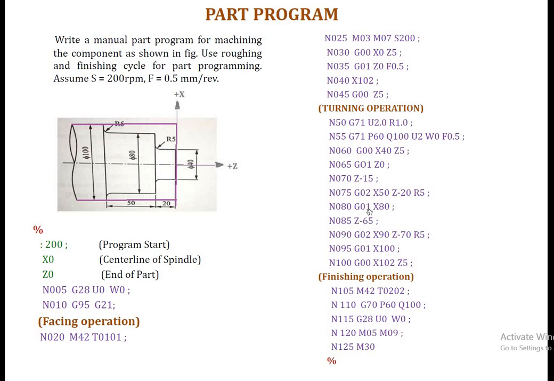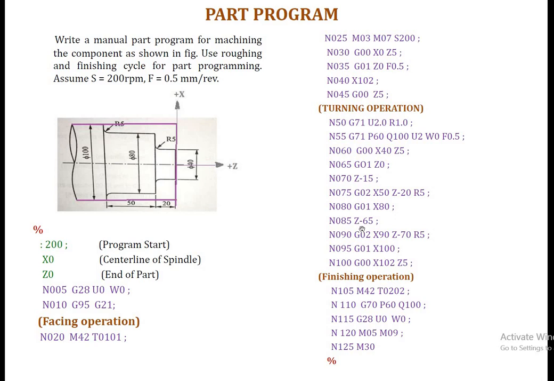Next block G01. Again the linear movement from this point to this end point. The G01 code needs to be used, which shows the linear movement. So G01 X80. When it reaches this position, the diameter is 80 mm, therefore X80.